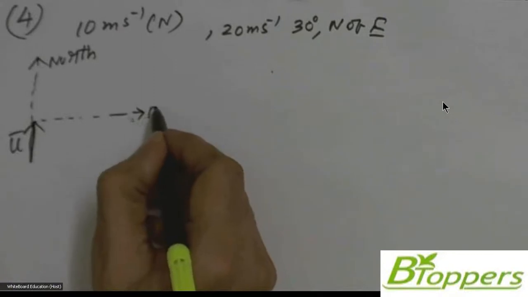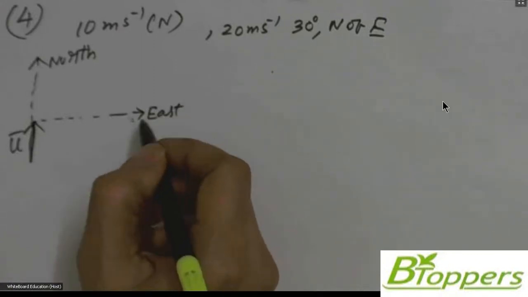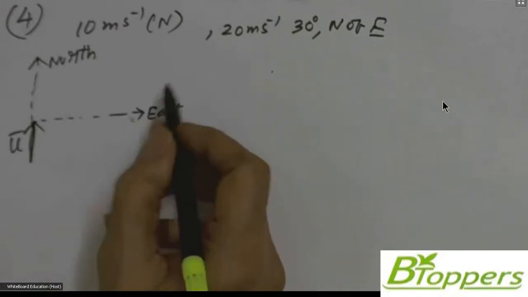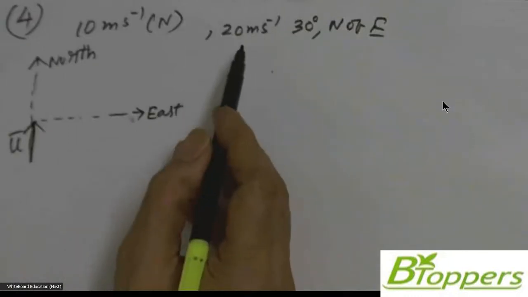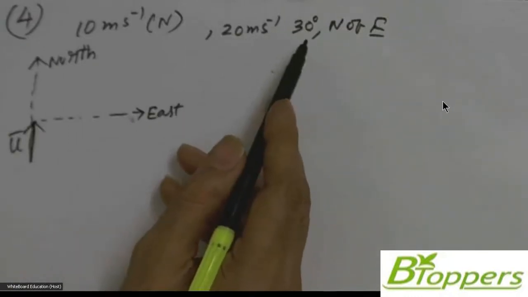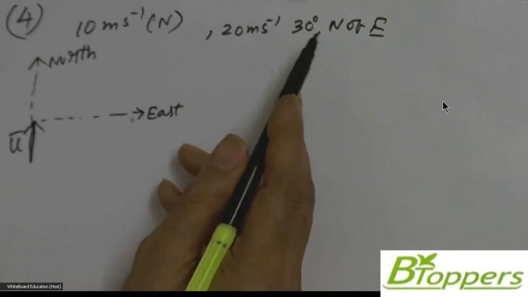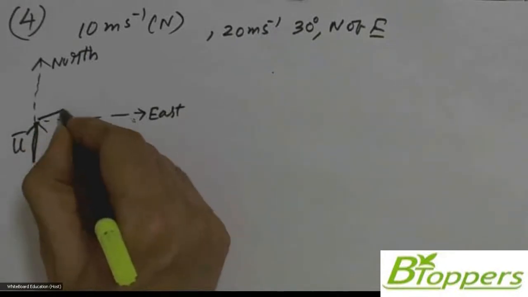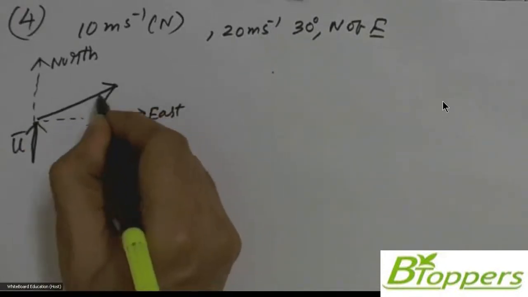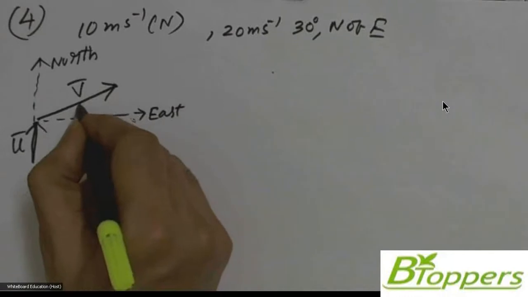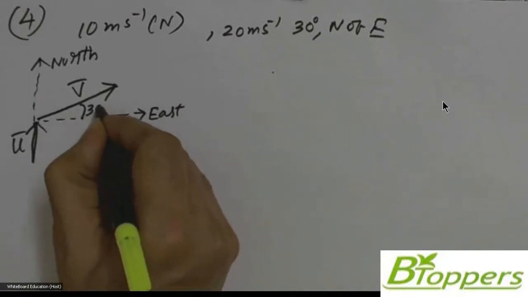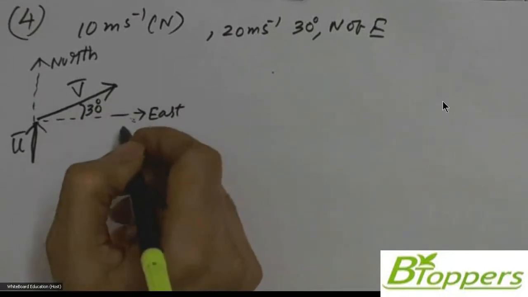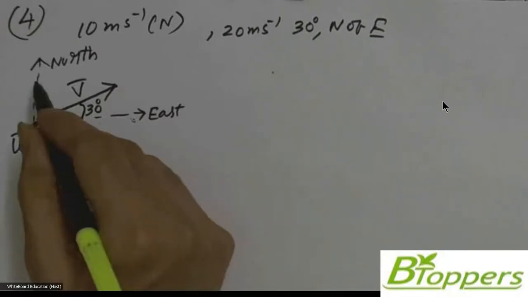The final velocity of the particle in vector form is denoted by v bar, which has a magnitude of 20 meters per second and has the direction 30 degrees north of east. That means the final velocity vector v bar makes an angle of 30 degrees with the east direction and is inclined towards north.